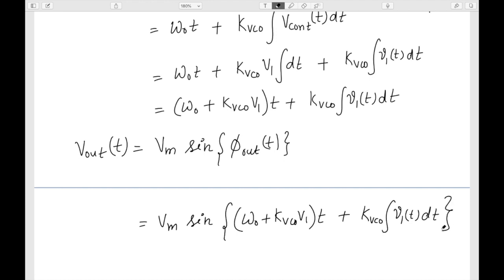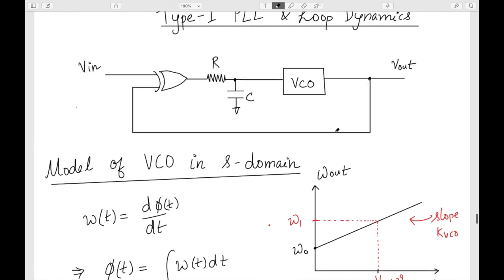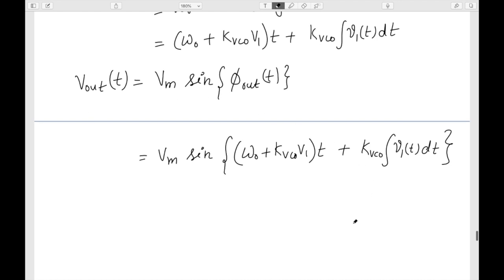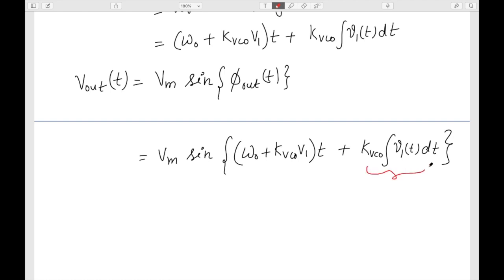Okay, so this is the output of the PLL, the exact expression of the v out with time. Now if you observe here, this term is the excess phase because of the additional small signal v1(t).